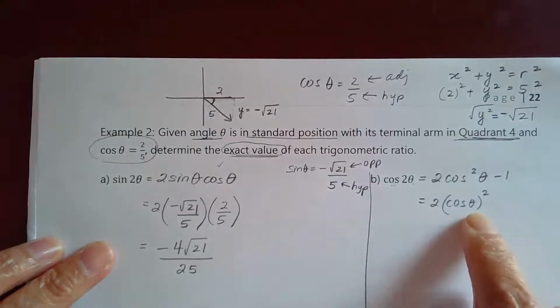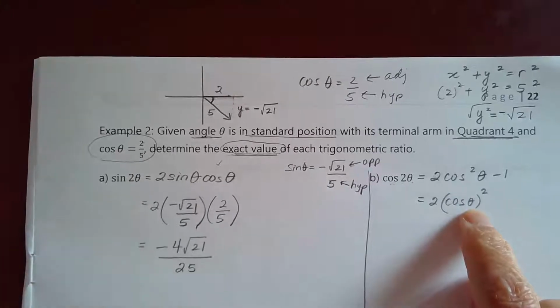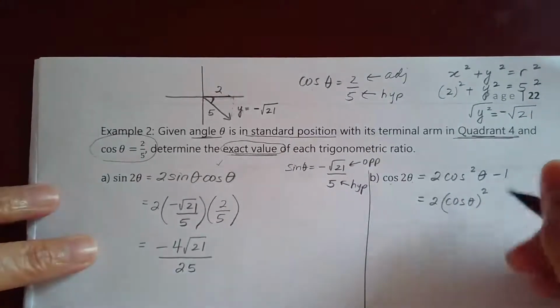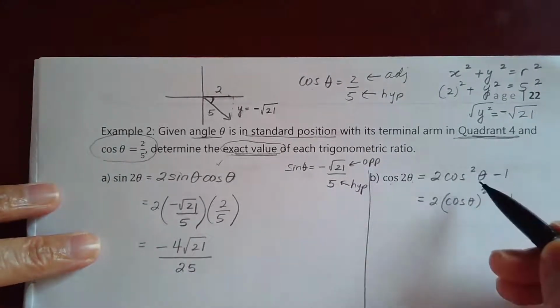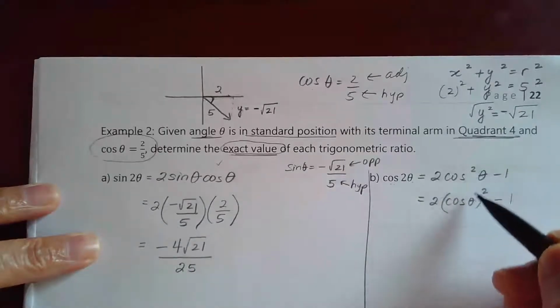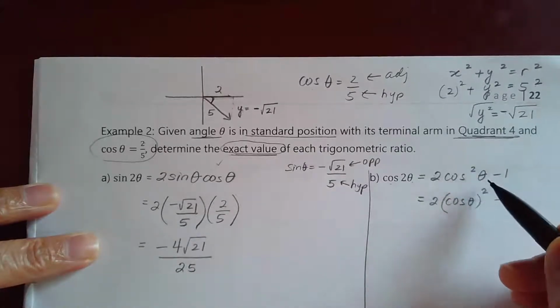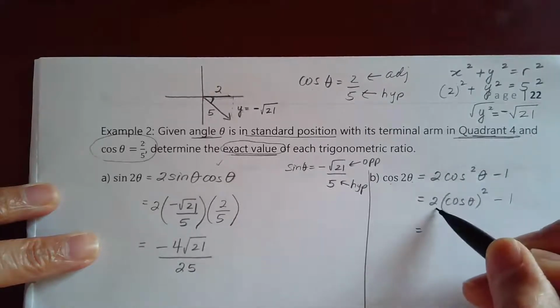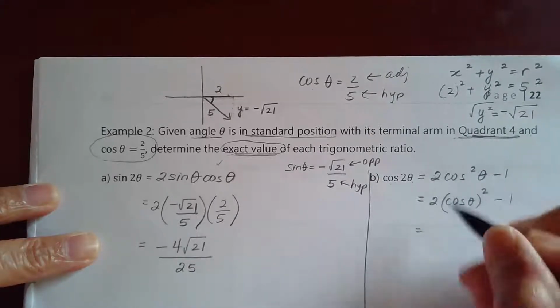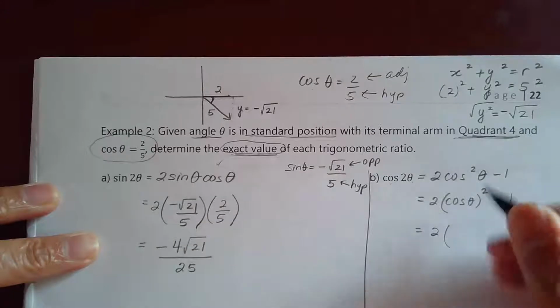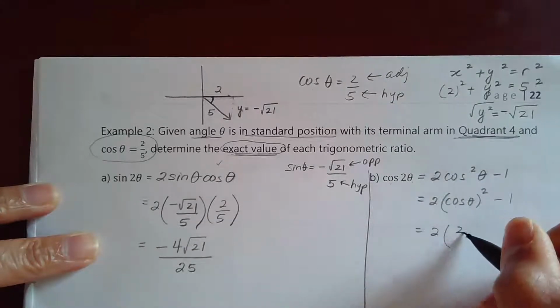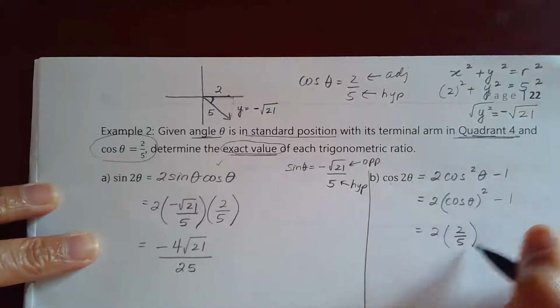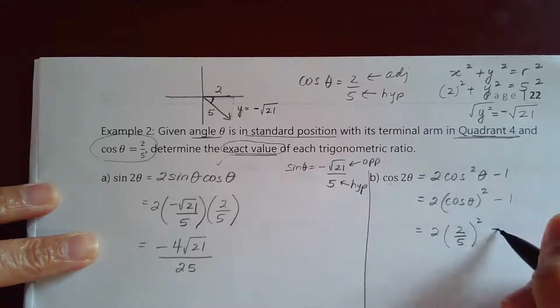We're not squaring the theta, we're squaring the cos of theta, minus 1. I want to write that down so that everyone is clear on what cos squared of theta means. So 2 times cos theta, and cos of theta we know is 2 over 5. Now we put squared minus 1.